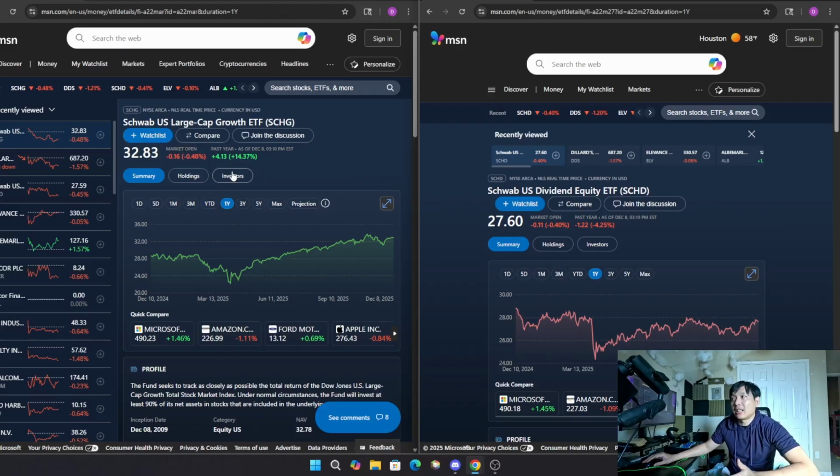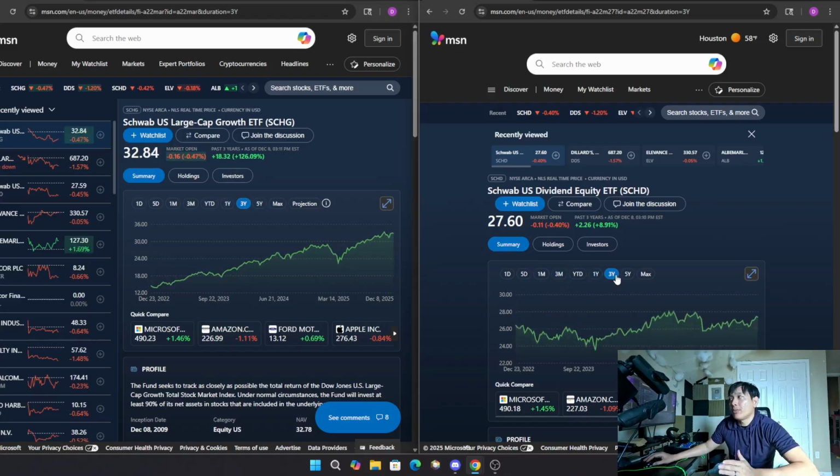So right there, a 14% gain versus a negative 4.25%. But remember, we do long term. So 3 years, 8.9% for SCHD and 126% for SCHG.